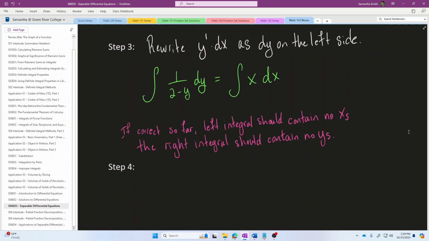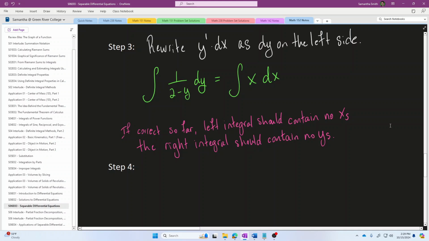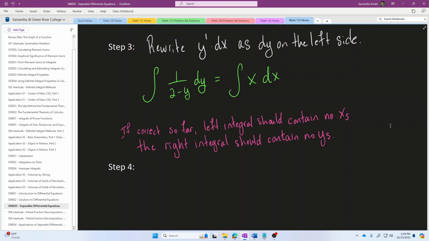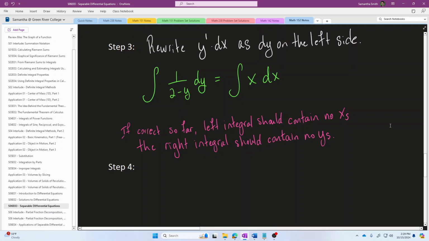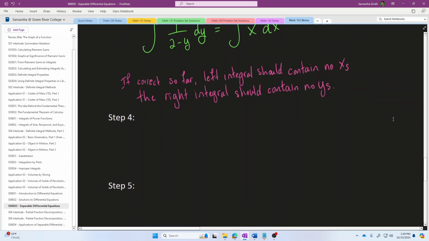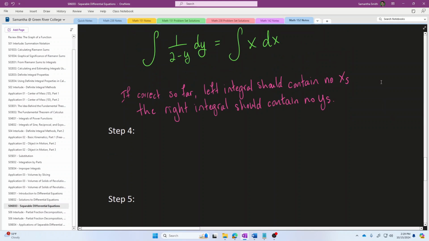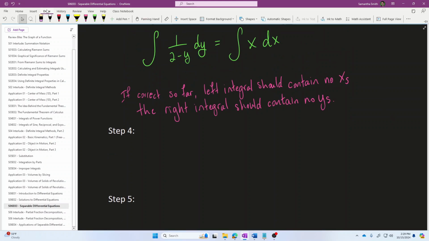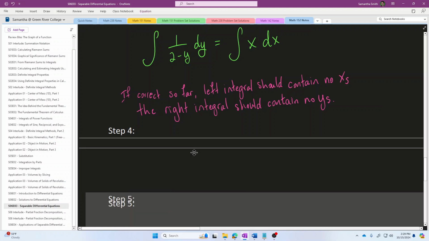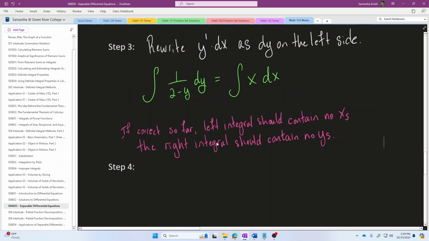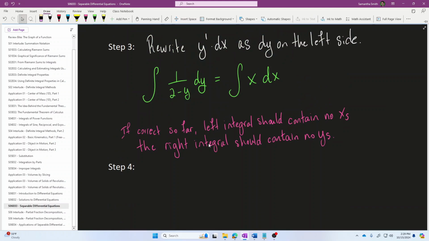Okay, so if you have truly been able to separate the y's from the x's, and you are left with an equation that looks like this one, only y's on the left and only x's on the right, then at this point you can just calculate the integrals on the left side and on the right side separately.